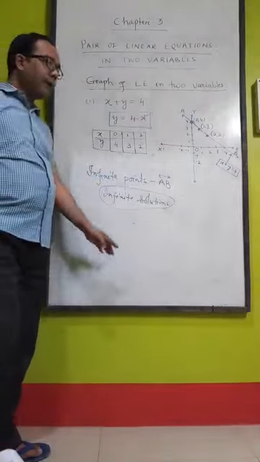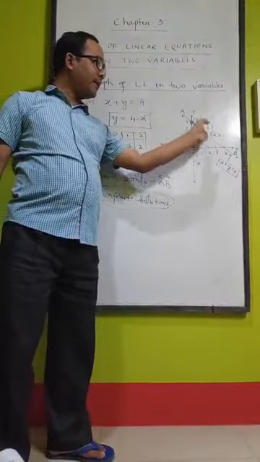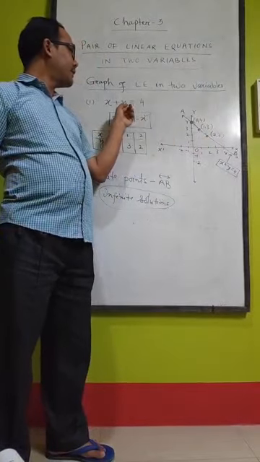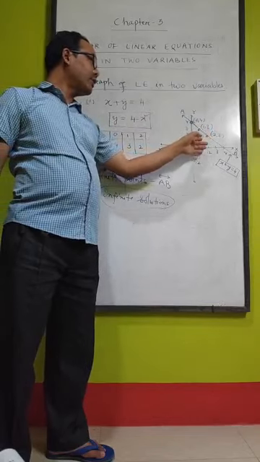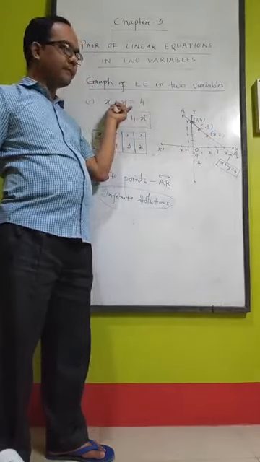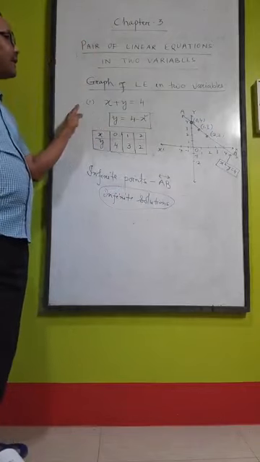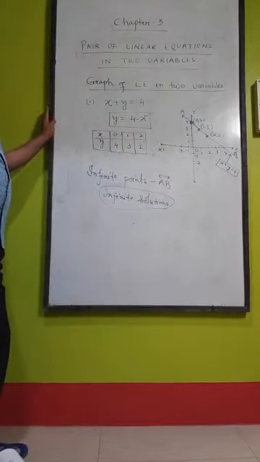And every point lying on this line AB will satisfy this equation and give a solution of it. This is for only a single linear equation in two variables.